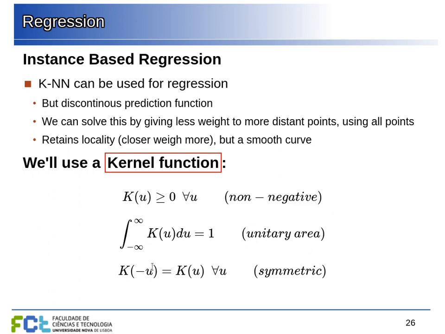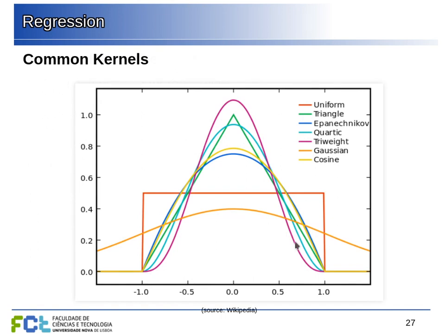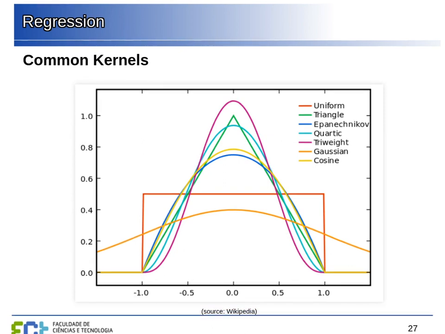And it must be symmetrical around x equals 0, so k of minus u must be equal to k of u for any value. These are some examples of kernel functions. You can use a Gaussian curve centered here at 0. You can use a triangle, a rectangle, things like that.